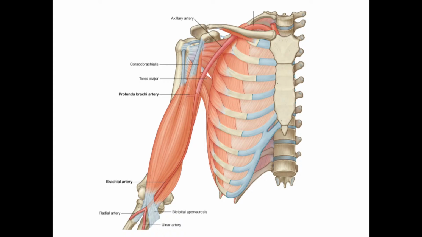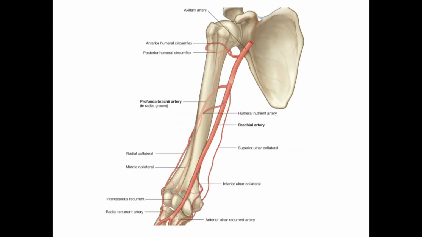Another branch, and let's see another photo for that. Here, this is our axillary artery, third part, and after that we have the brachial artery, this part here. And this is our humeral nutrient artery. Posteriorly we have the profunda brachii artery coming down, and the profunda brachii artery gives us radial and middle collaterals, and at some point at the elbow they anastomose.